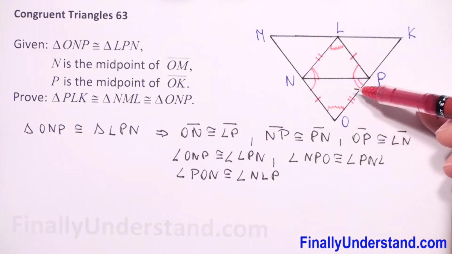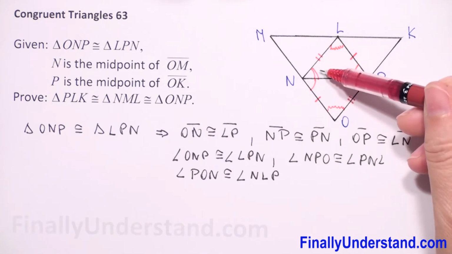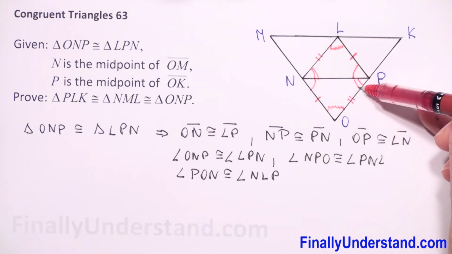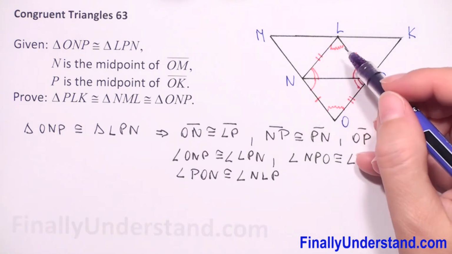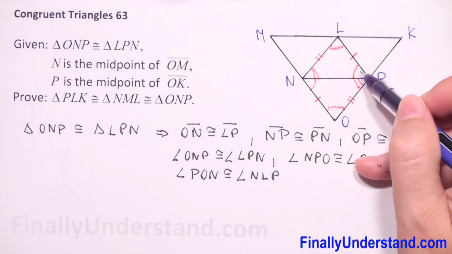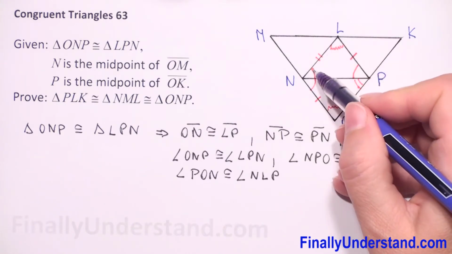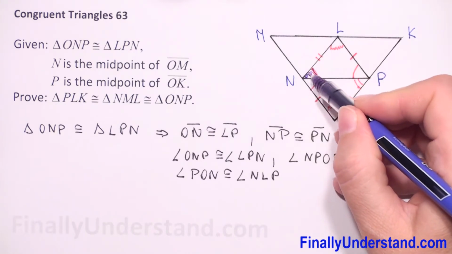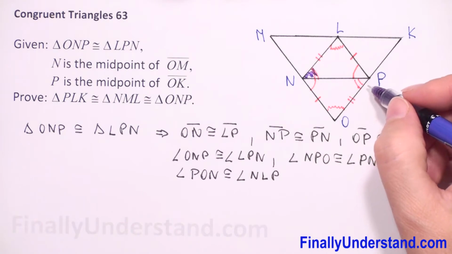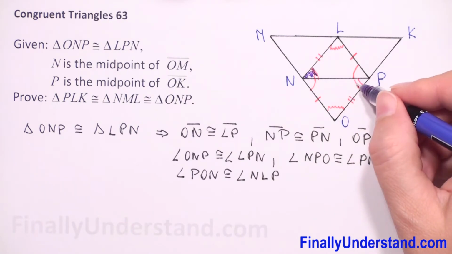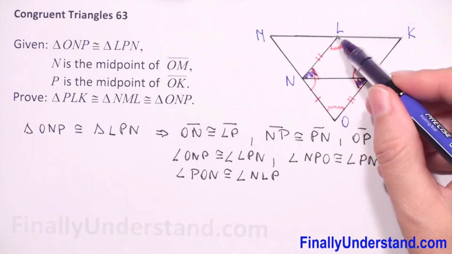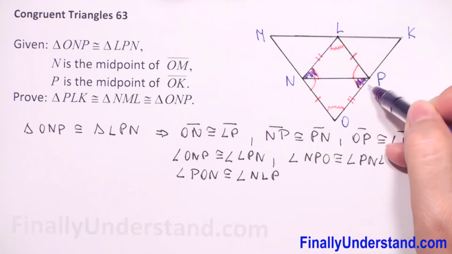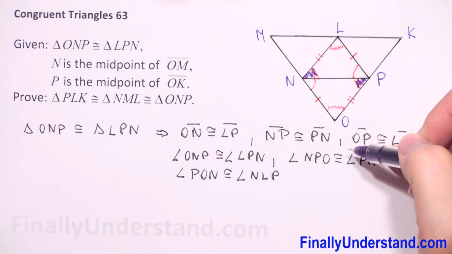What else do we have? Because these two angles are congruent, let me write this in a different color. Angle PNL is congruent to NPO. It means that segments NL and OP are parallel.